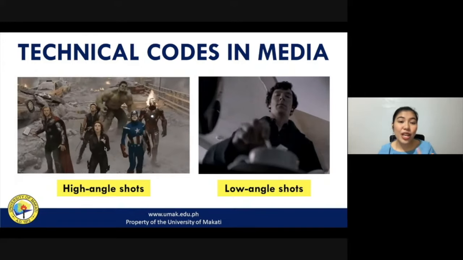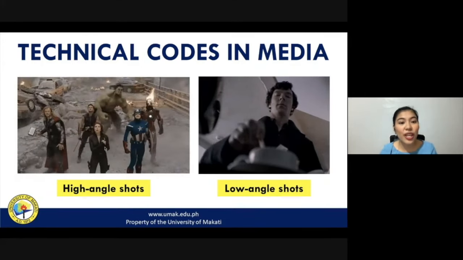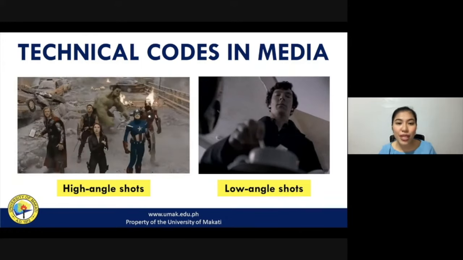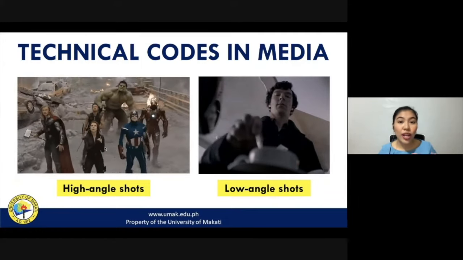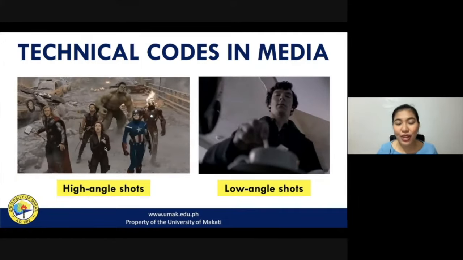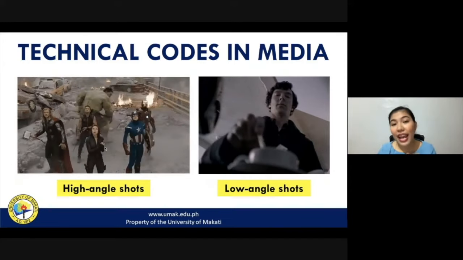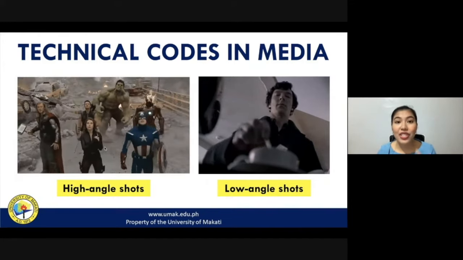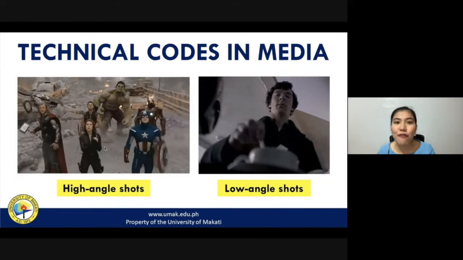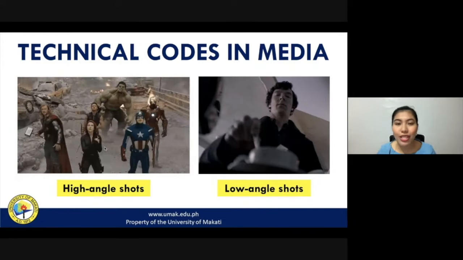High angle shots usually are used when the producers of that media format or product want to imply a challenge, for example. On the other hand, low-angle shots often imply strength, superiority over a particular object, a particular situation.